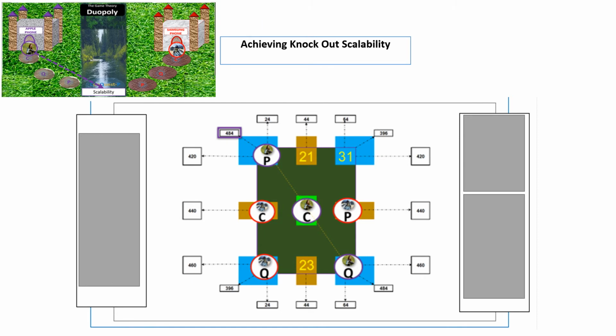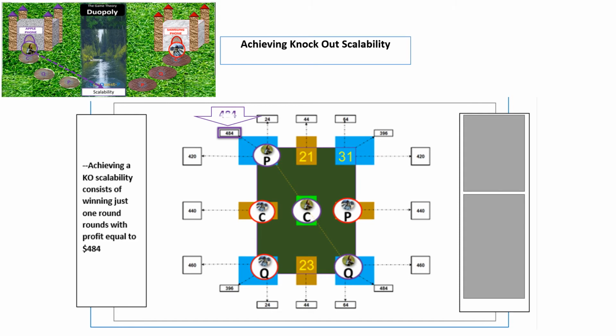The other possibility of achieving scalability is described as a knockout scalability. Achieving knockout scalability consists of winning just one round with profit equal to 484,000 as indicated on the board.